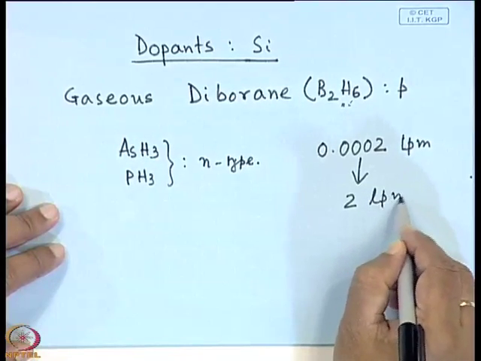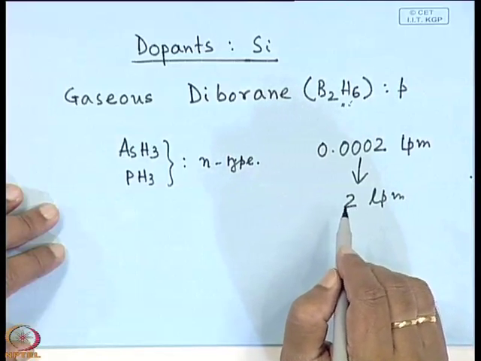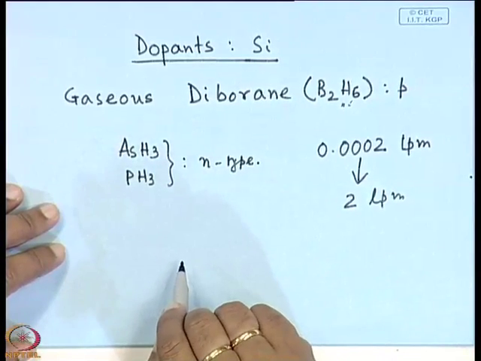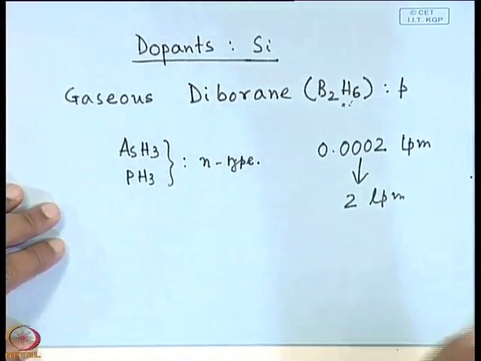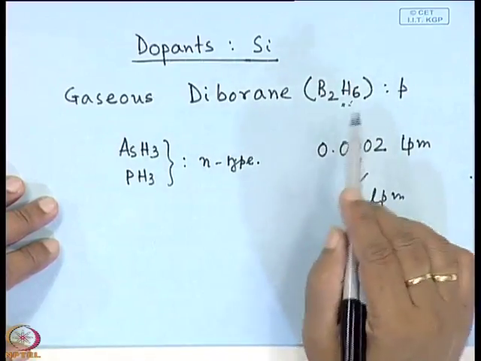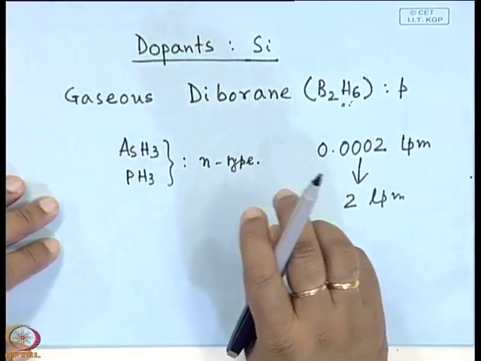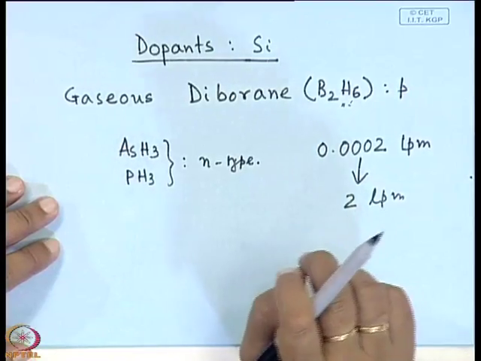Controlling 2 LPM is very easy with the mass flow controller. So, one thing is the control, another thing is the amount, a very minute amount is required. Theoretically you can have it without dilution also, but how will you control it? That is why hydrogen is mixed with these gaseous dopant sources, for control and for minute quantity interaction in the reactor chamber. Okay. So, physics people you can leave.